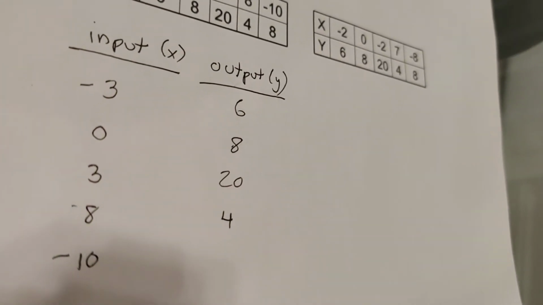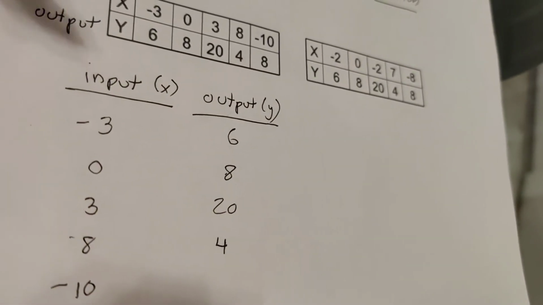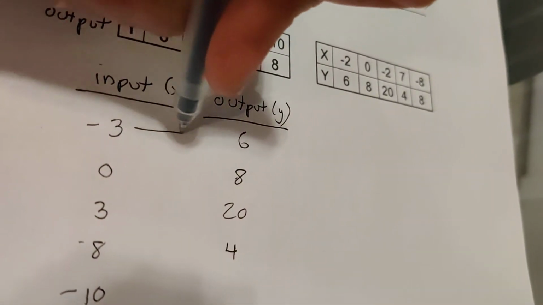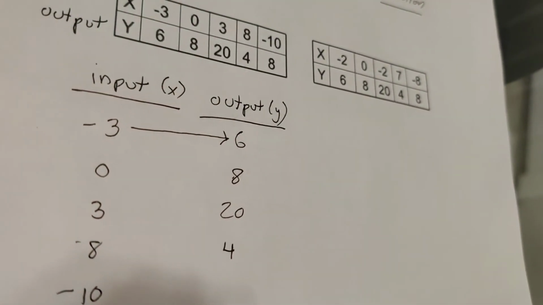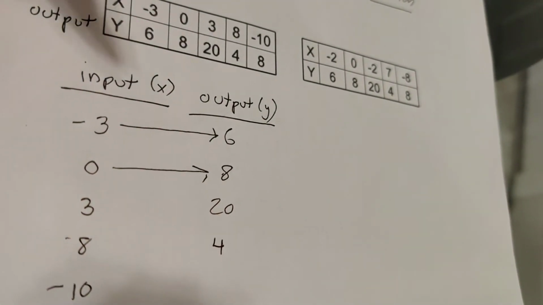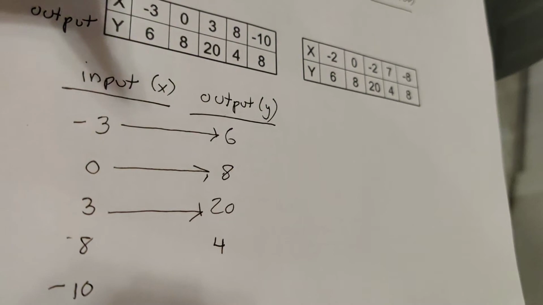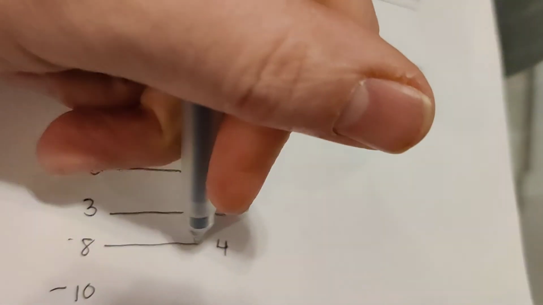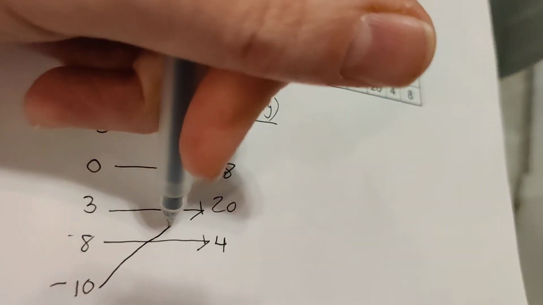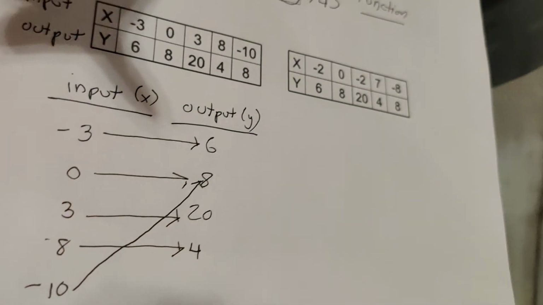You only need to have it on the chart once. So let's see, we're going to connect our inputs to our outputs. We have -3 gives us 6, 0 gives us 8, 3 gives us 20, 8 gives us 4, and -10 to 8, okay?